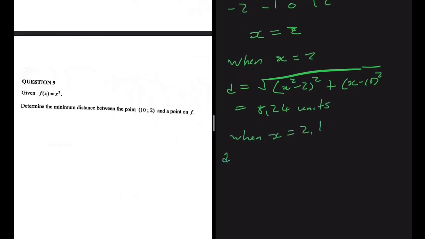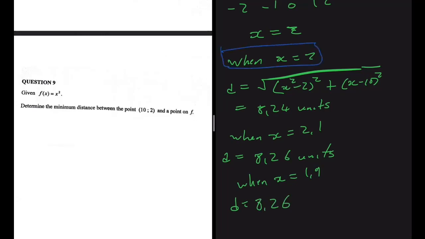When I substitute 2.1, I'm getting 8.26 units, right? So you can see that when x is equal to 2.1, we're getting a higher value. And when I substitute x equals 1.9, I get a distance of 8.26 again. Now we can see that when x is equal to 2, our distance is 8.24 units, and that's the minimum distance between the point and the function.